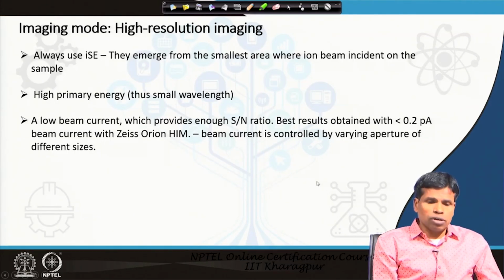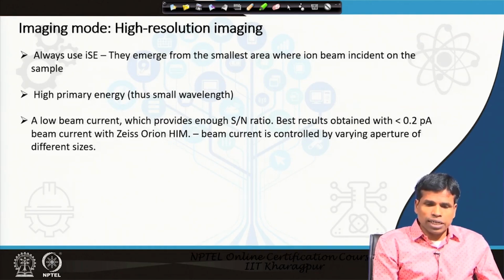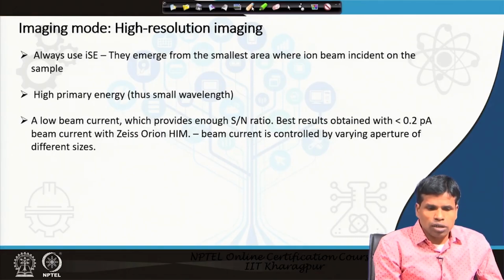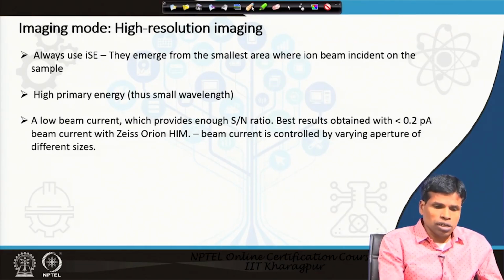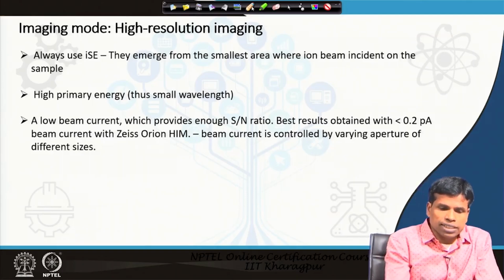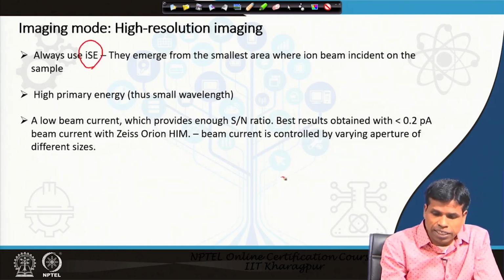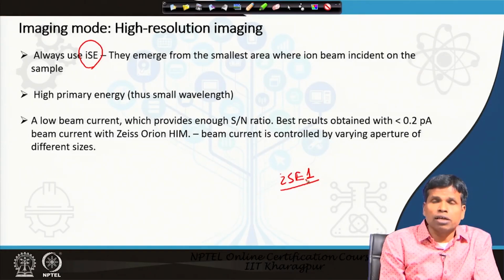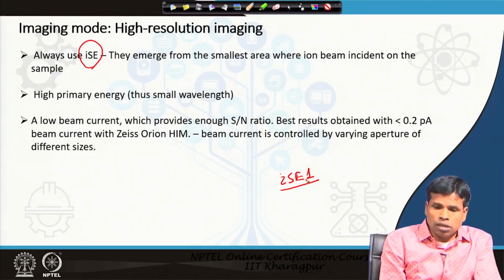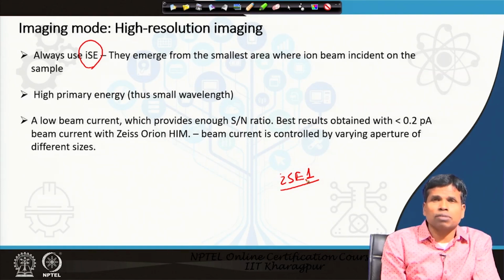Then if we go to imaging mode, we have a couple of imaging modes, such as, let us say, high resolution imaging mode. In high resolution imaging mode, we should always use the secondary electrons, that is SE1, because ion-induced secondary electrons, or ISE1, mostly emerge from the smallest area of the specimen, because their interaction volume is also small, due to the higher mass of the ions as compared to electrons.